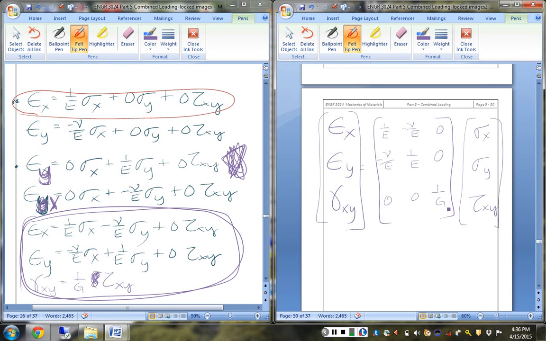No. This line is uncoupled, decoupled from the rest of it. That's what that means. This line has nothing to do with these two lines. These two lines have nothing to do with this one. So they are independent. They are decoupled. Which means, although it's a little bit ugly, you can explicitly solve these the other direction.